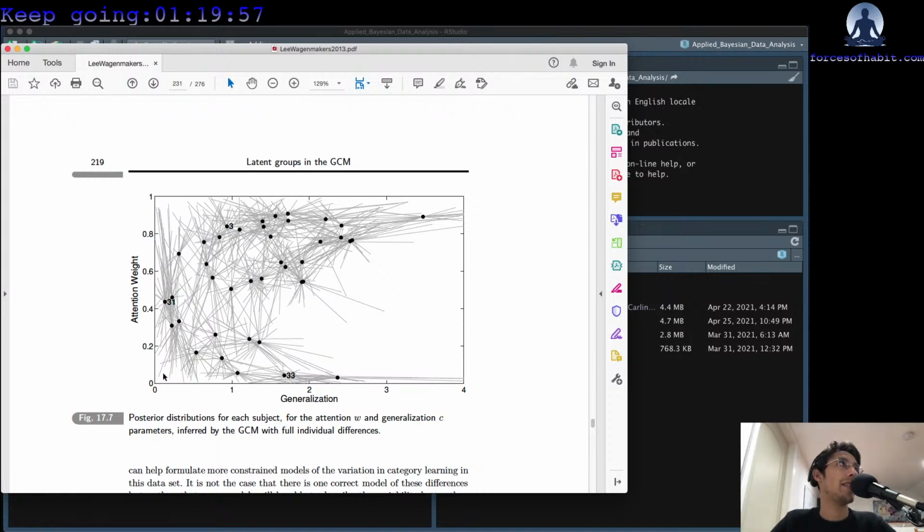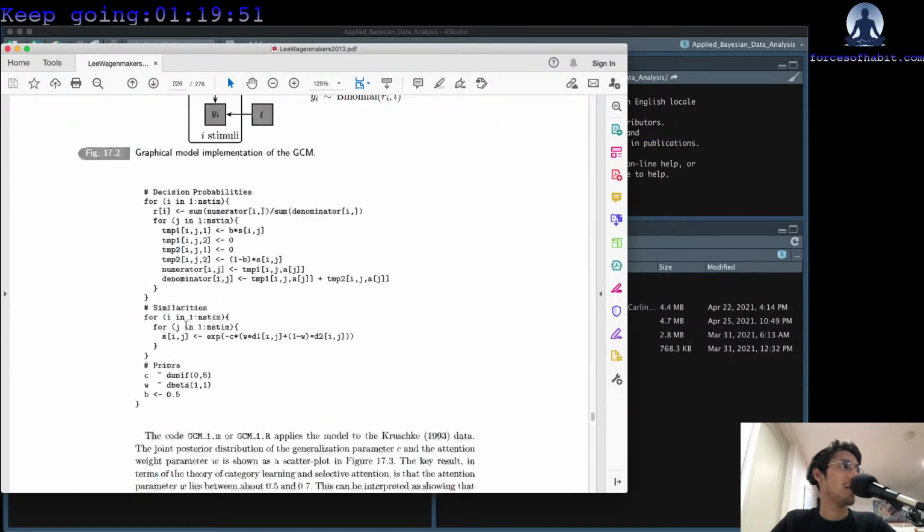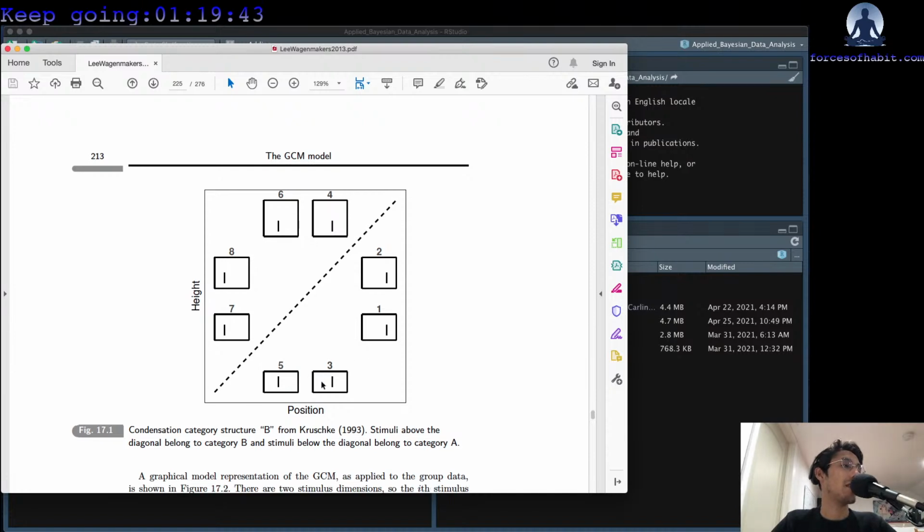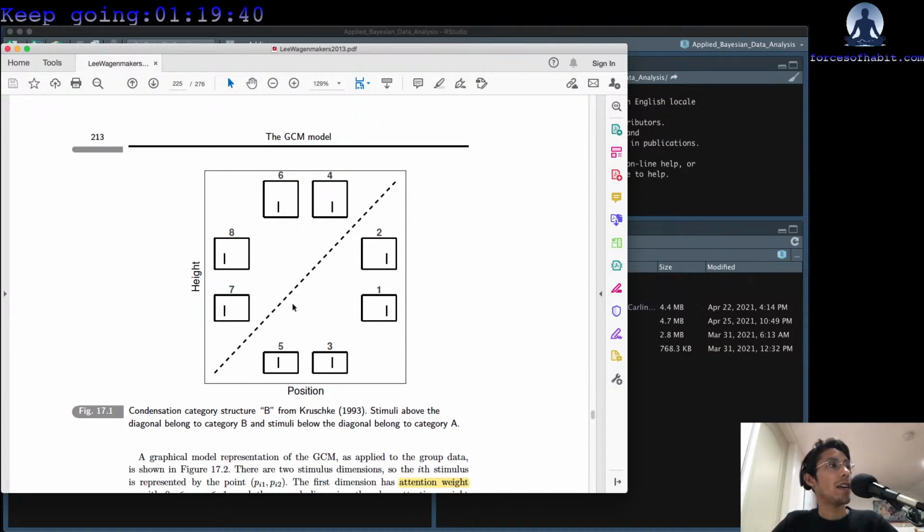Here is being height and line position, the line position and height of the box. To remind you once again, here are all the stimuli, and they vary as a function of their height and the position of where the line lies in the box, and they are binary.